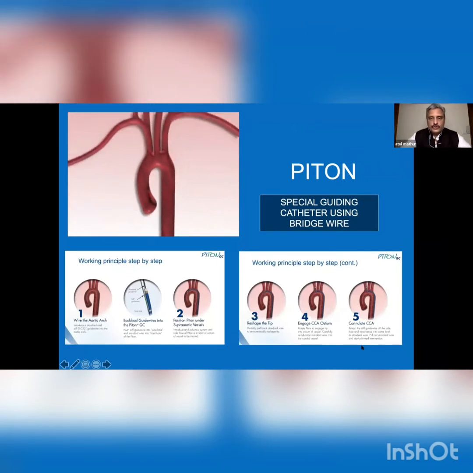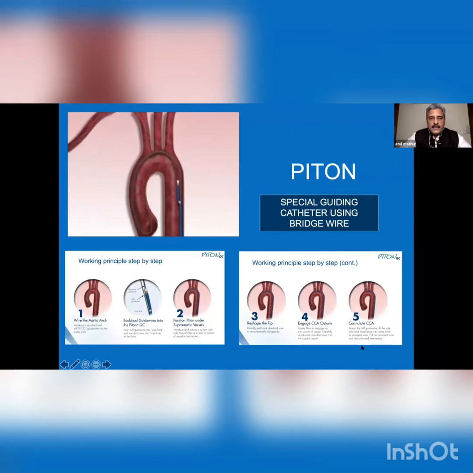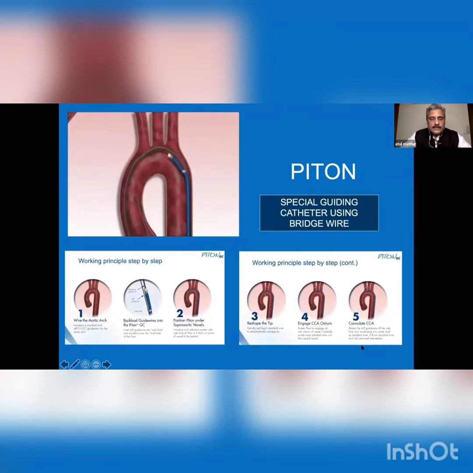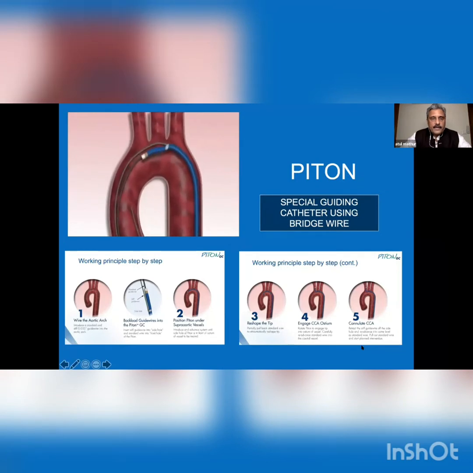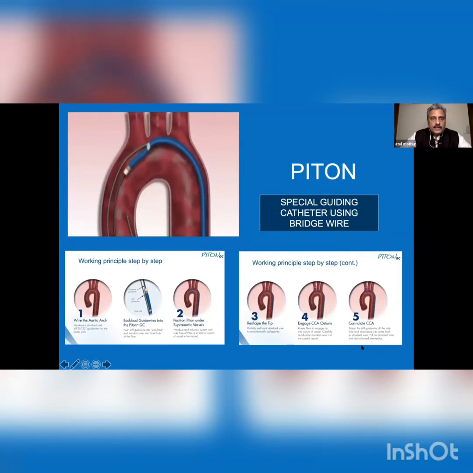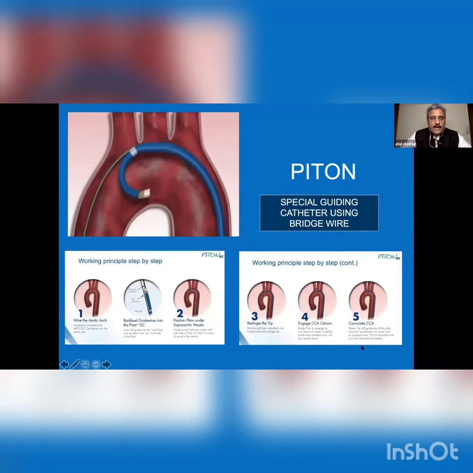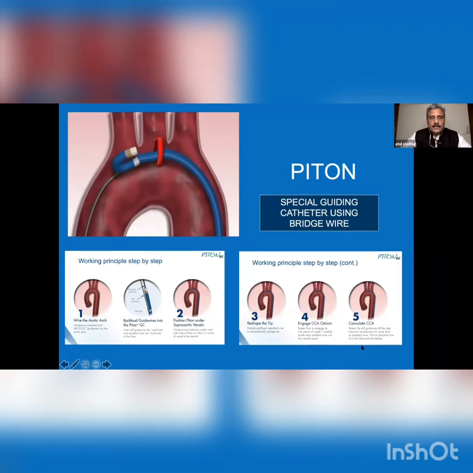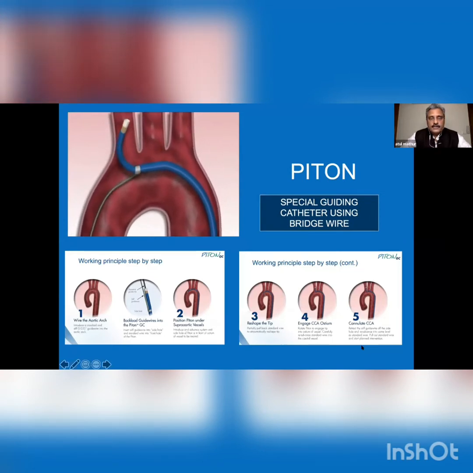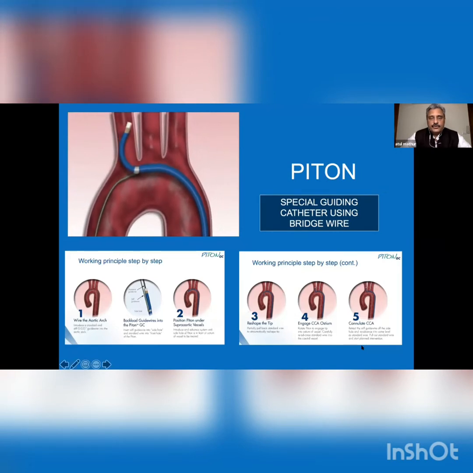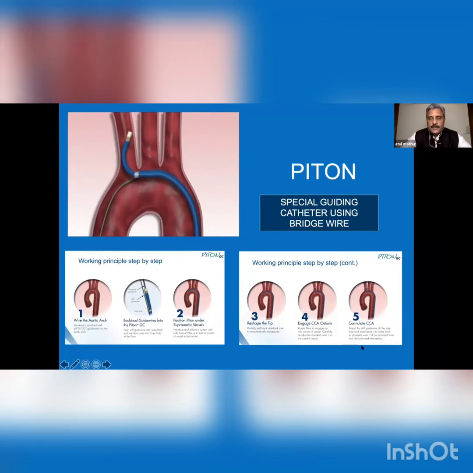So we chose to use a special guiding catheter where there was a bridge wire lying in the arch. This is a Python catheter where you have a side hole through which a 035 support wire can be parked in the ascending aorta. The second wire, once it is withdrawn from the lumen of the Python catheter, will lead the catheter shape to coil itself and face into the common carotid artery of interest.